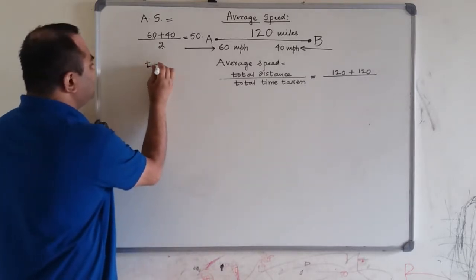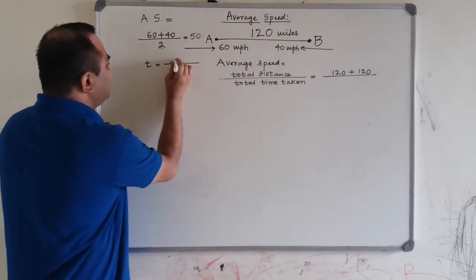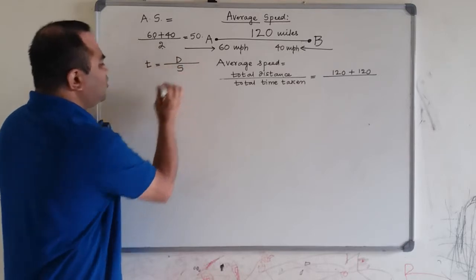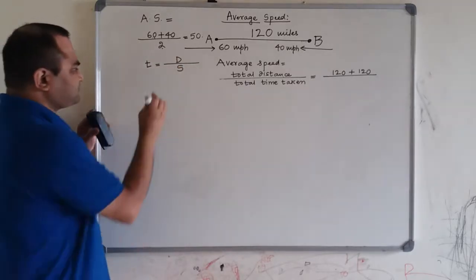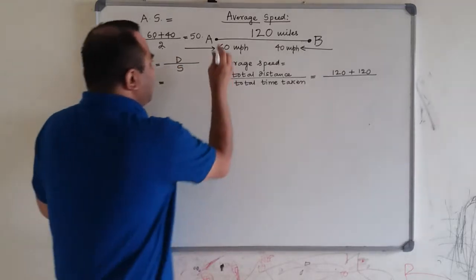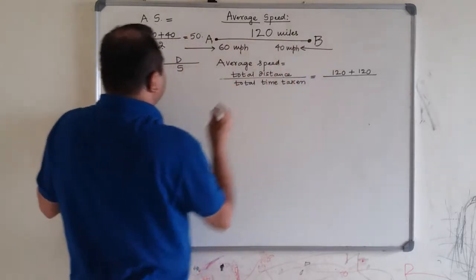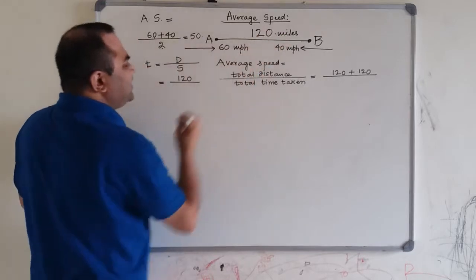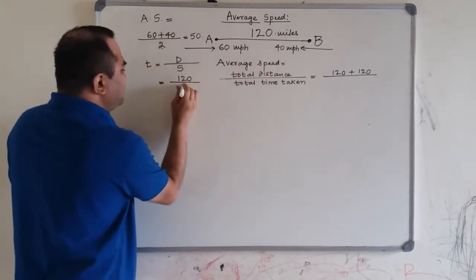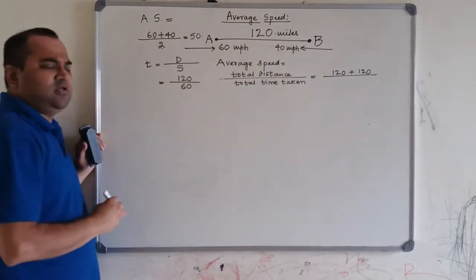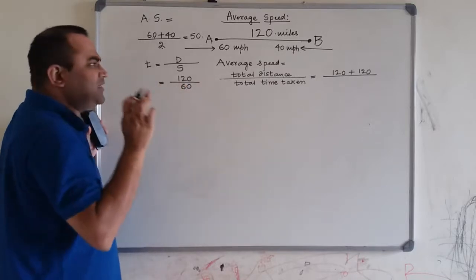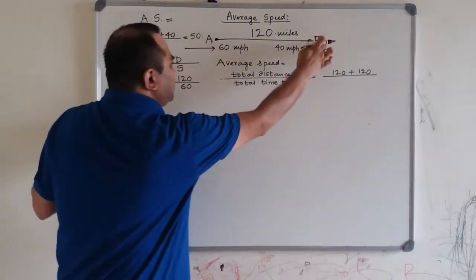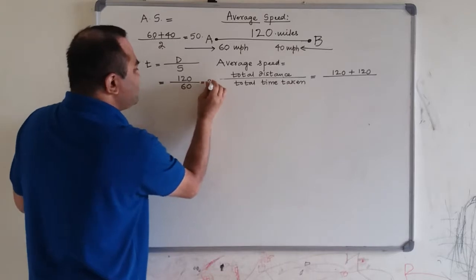Recall that the formula of finding time is distance travelled over speed. Now for the car going from A to B, the distance travelled is 120 miles, as we have seen, over speed 60 miles an hour. So this is the time taken by the car for travelling from A to B, which will be 2 hours.